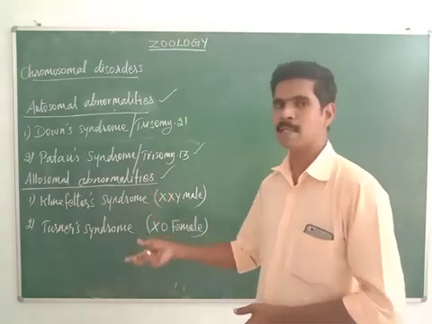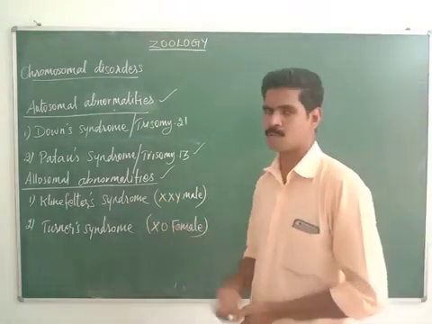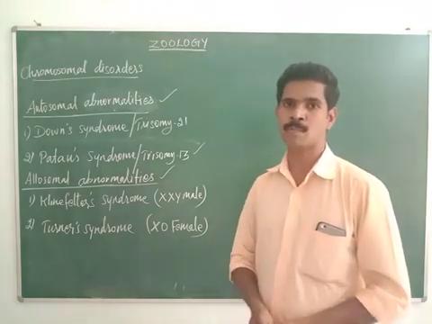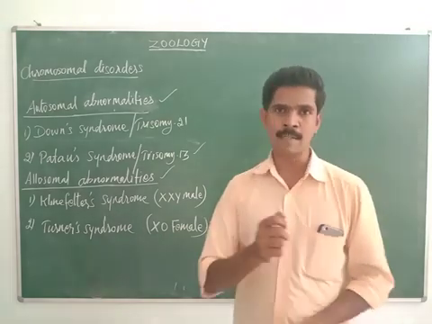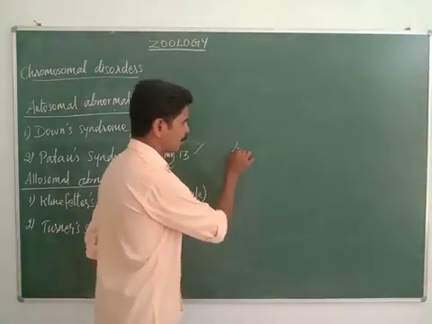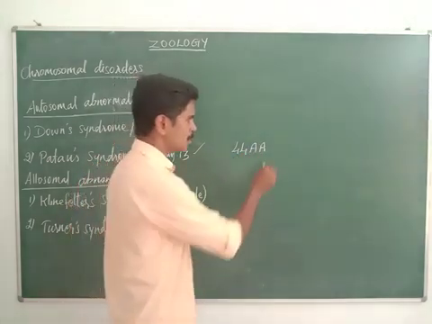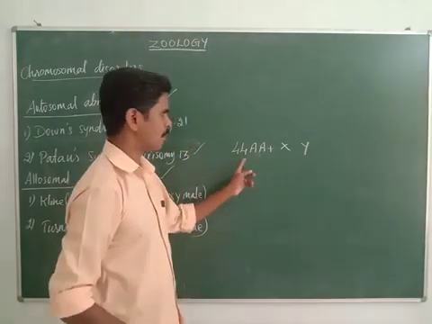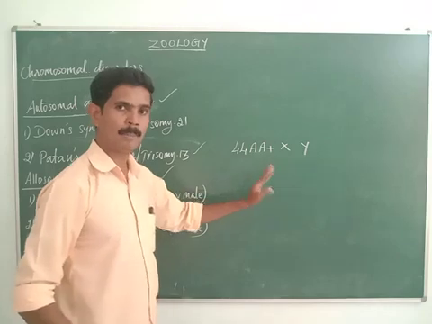If any male is affected with Klinefelter syndrome, in their body cells 47 chromosomes are there instead of 46. Listen carefully: 44 autosomes plus one X chromosome and one Y chromosome, so totally 46. This is a normal male.